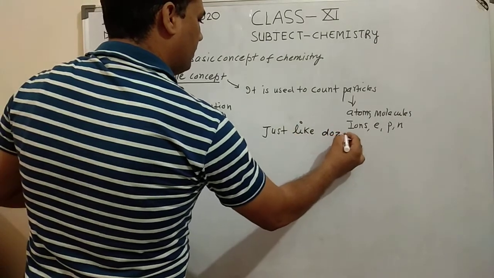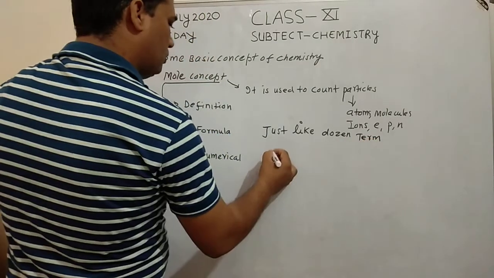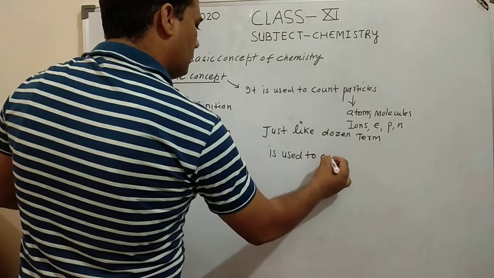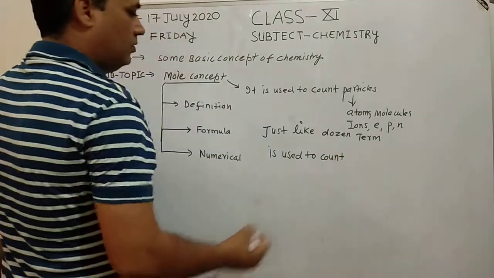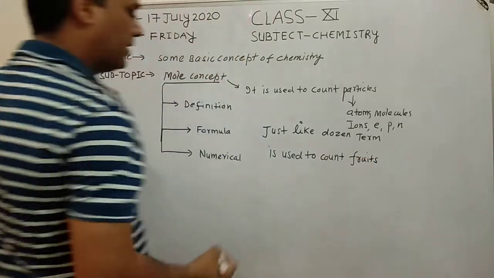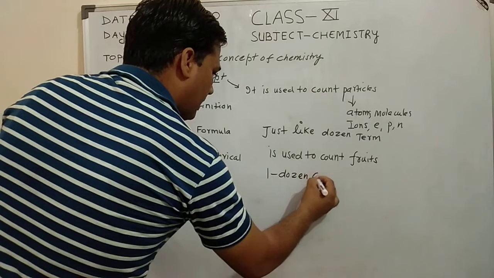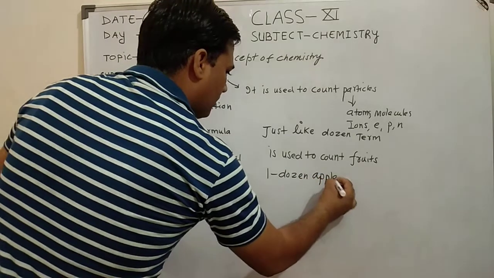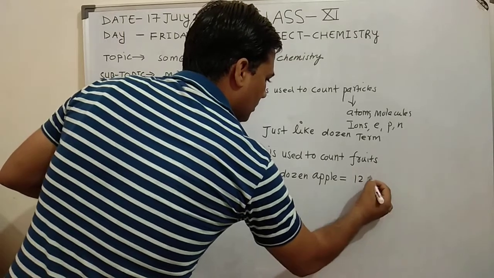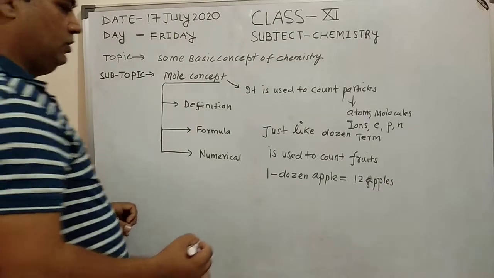Just like the term dozen is used to count fruits, for example, 1 dozen apples is equal to 12 apples. How many apples? 12 apples.